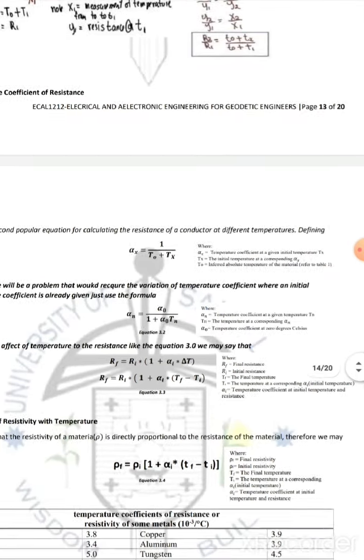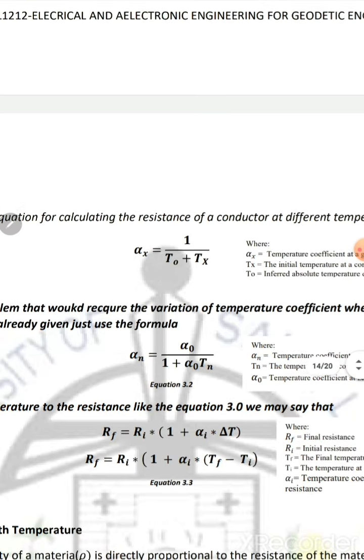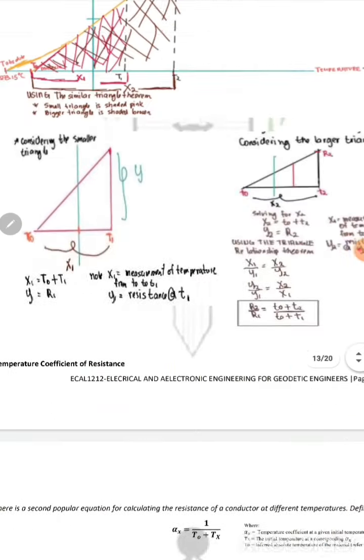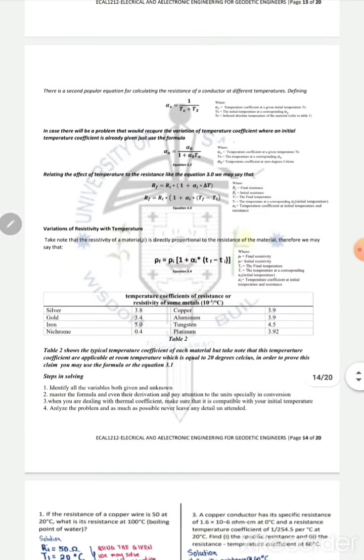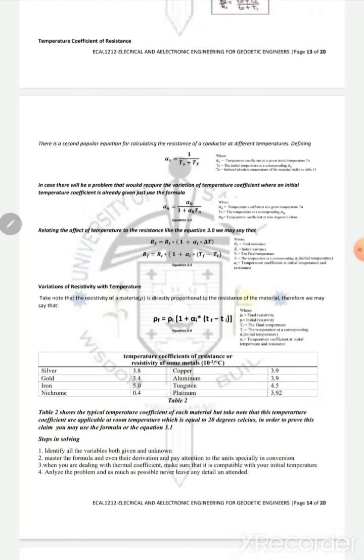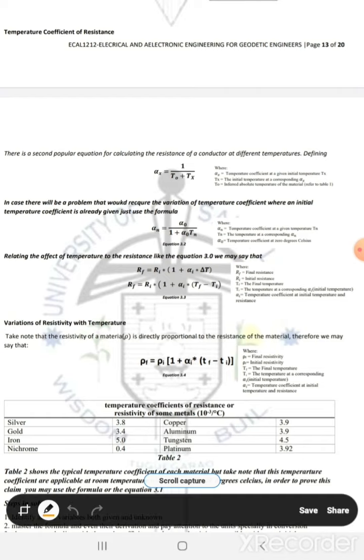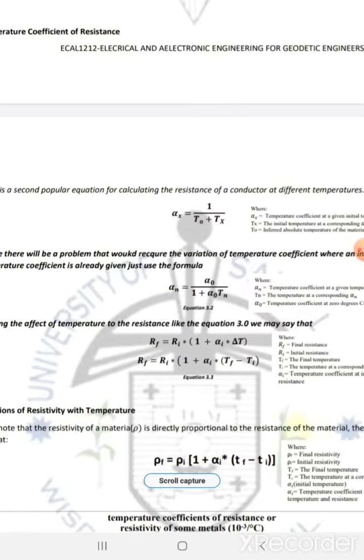So, ang gagawin mo lang para makuha mo yung tinatawag nating temperature coefficient is that, solve for or use the formula. Formula based, okay? Very easy. No need of analysis. Just use the formula correctly. Kahit alam mo yung formula, pag mali yung analysis mo, syempre, mali pa rin. Okay?